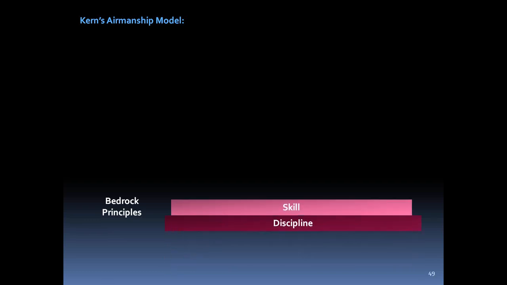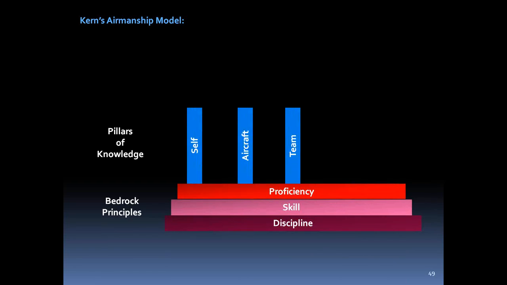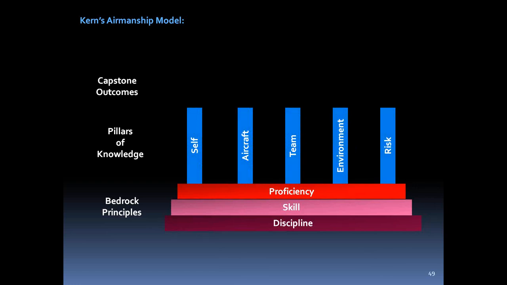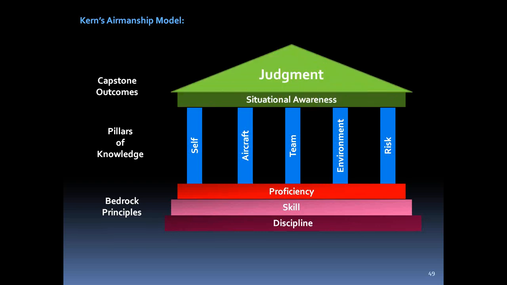There are three bedrock principles in the Kern airmanship model: discipline, skill, and proficiency. And then upon those bedrock principles are 5 pillars of knowledge: knowledge of self, aircraft, team, environment, and risk. And upon those 5 pillars of knowledge rest the capstone outcomes that we're looking for of increased situational awareness and good judgment.